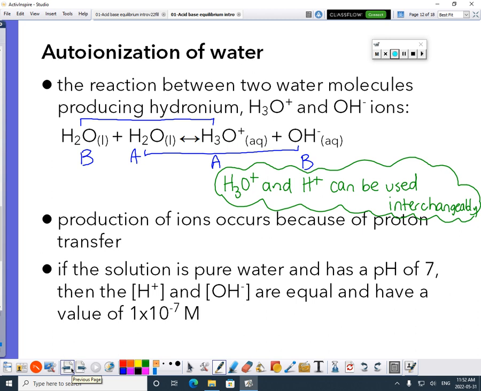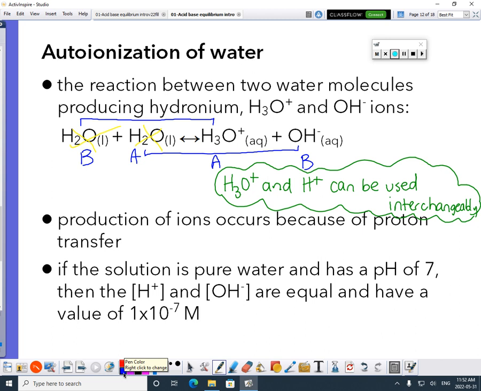So then when you do an equilibrium law or equilibrium expression, we're going to follow the same procedures as before. Products over reactants. So ions would be the products, the top of our fraction. We do not include liquids in the equilibrium expression, so we are going to cross those out.